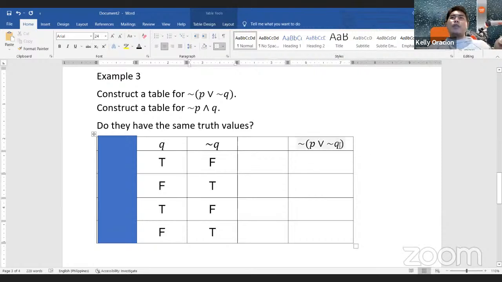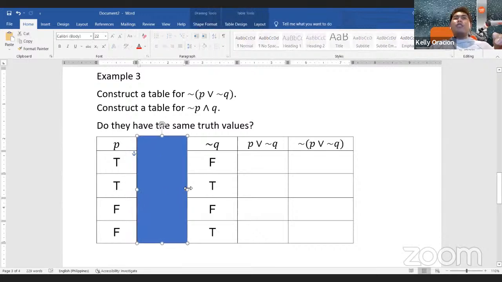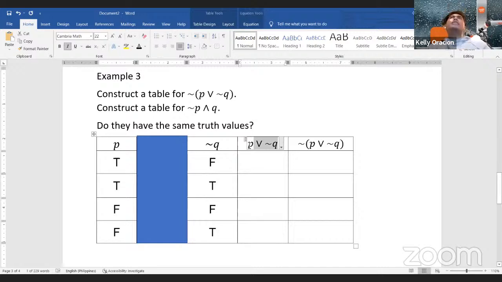After the negation of Q, yung nasa loob ng parenthesis ang ating next i-manipulate. The P and the negation of Q. Take note, based on this situation, the statement is a disjunction.